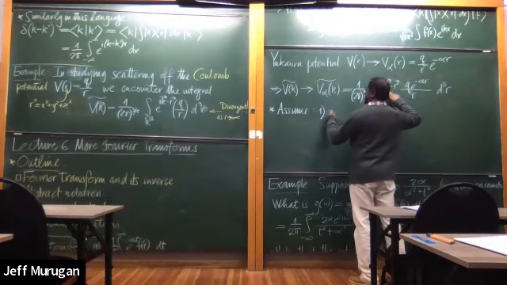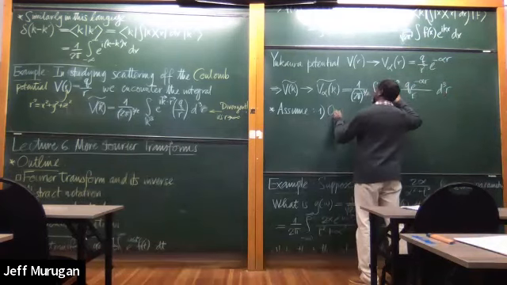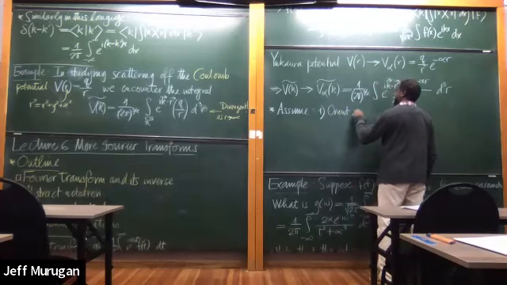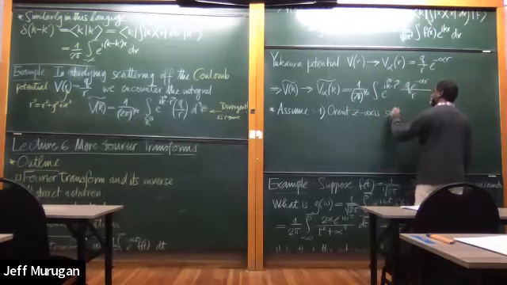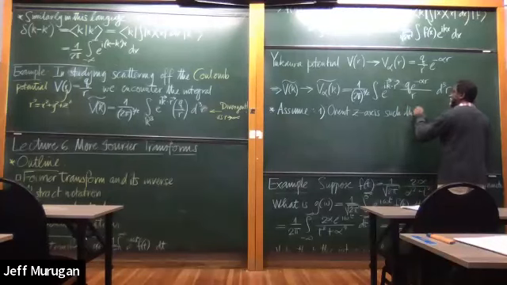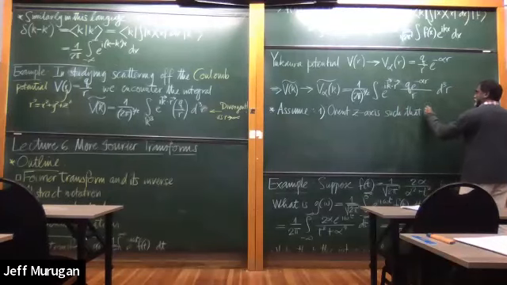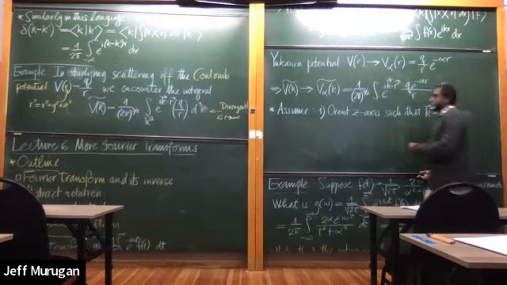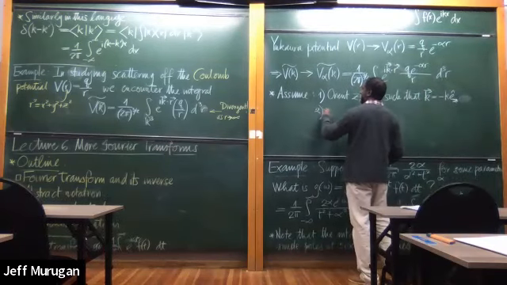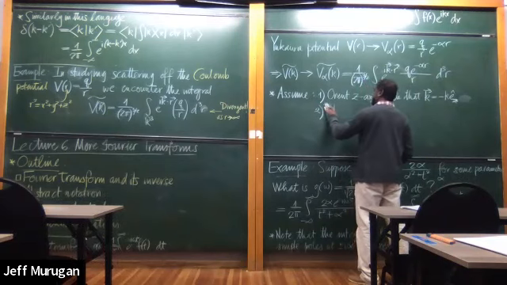So, orient the z-axis such that the vector k is minus k in the z direction, which means that I'm going to assume spherical polar coordinates.